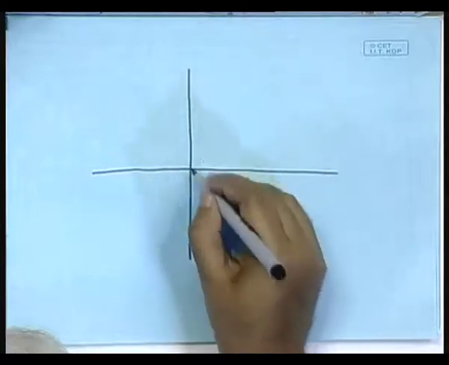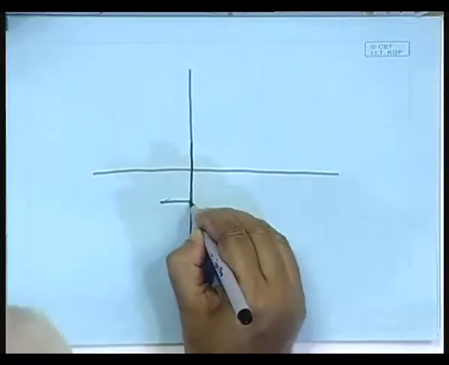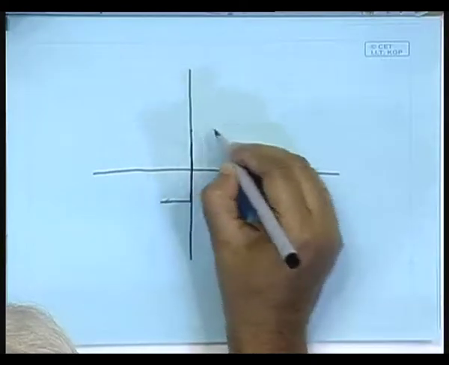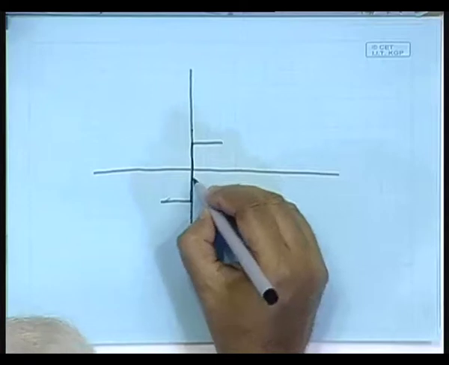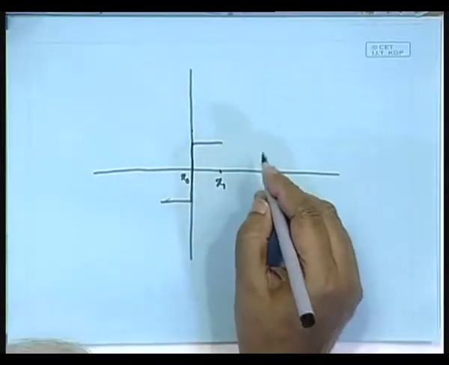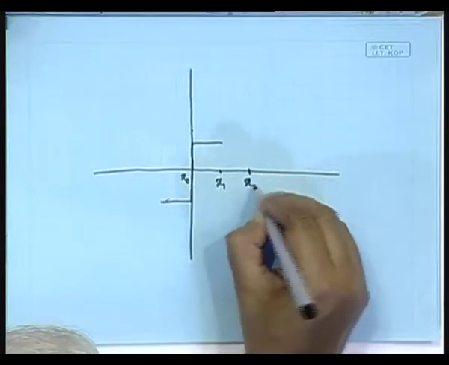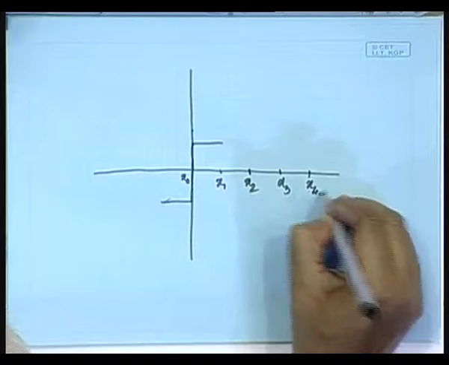Whereas in the case of mid-riser, no such x0 exists; rather the quantization goes on like this: if we have this as x0, then we have this as x1, then x2, x3, x4, and so on.